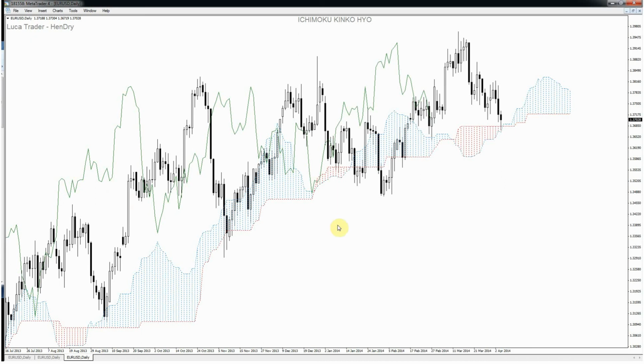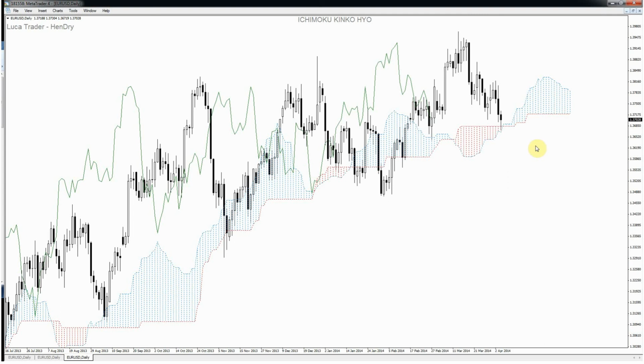Okay, and let's move forward to the clouds. Kumo clouds are a combination of Senkou span A and Senkou span B. This area of clouds is divided into two: a bearish cloud, or downward cloud, and a bullish, uptrend cloud.